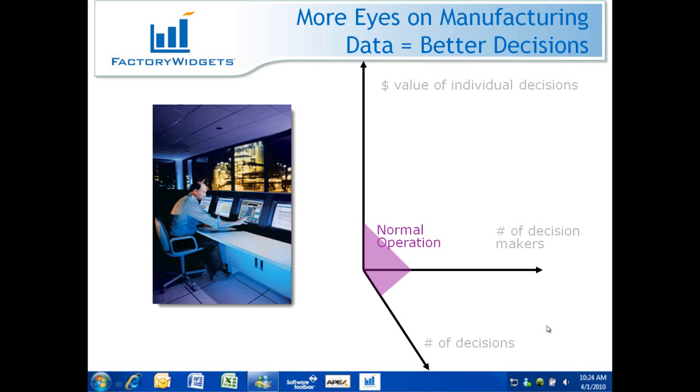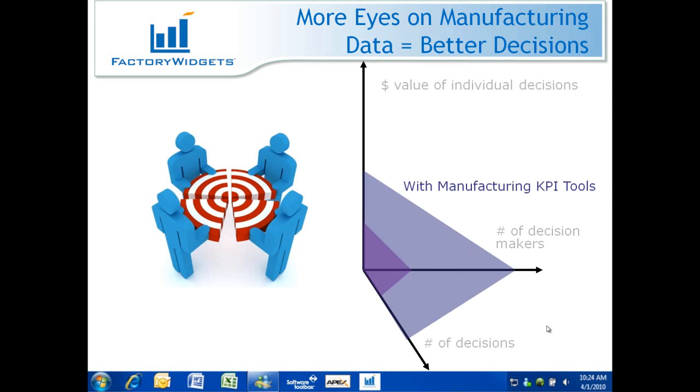Because the personnel qualified to operate these systems are limited in number, and the nature of the data that they're observing is quite specific, the number and types of decisions that they can make are also limited. As you can see, if we were able to provide more manufacturing data to more decision makers, they can make more and higher value decisions.